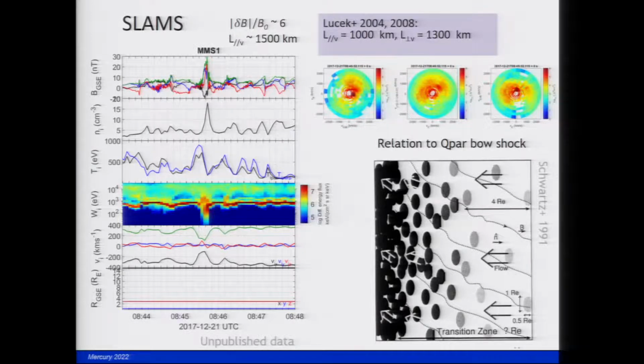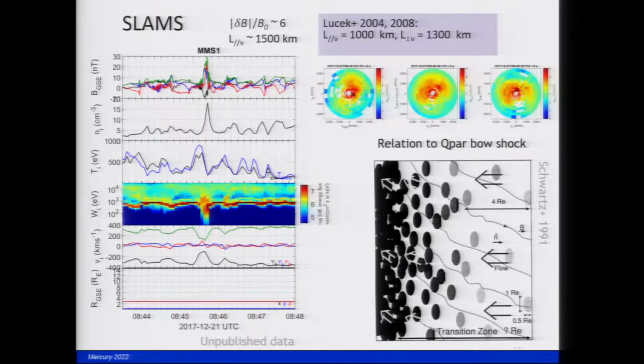And this has many, many consequences for, for example, the shocked plasma in the magnetosheath behind the bow shock. It can have consequences for acceleration processes at the bow shock. The bow shock is known to be able to accelerate particles to very high energies.